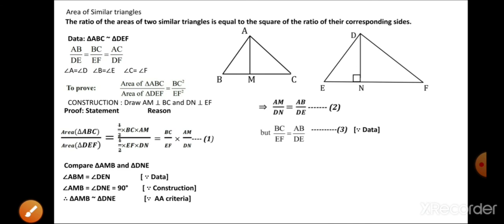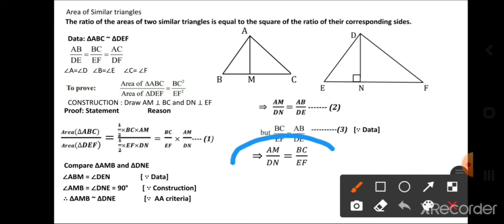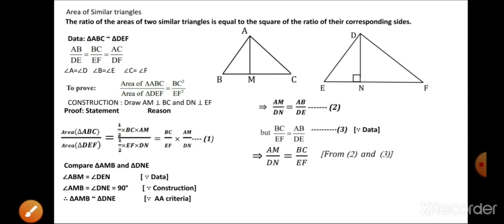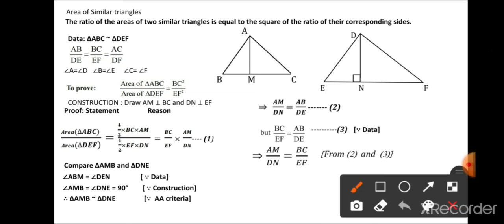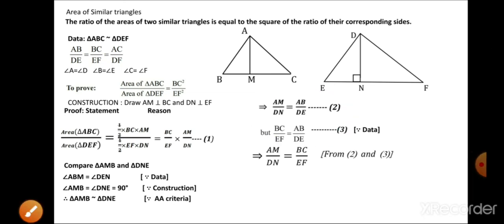So now what we have got is BC by EF is equal to AM by DN. In place of AM by DN, we are going to replace it by BC by EF. Once you do that, BC into BC is BC square, EF into EF is EF square. Then the theorem is complete. This we have written from those two equations.